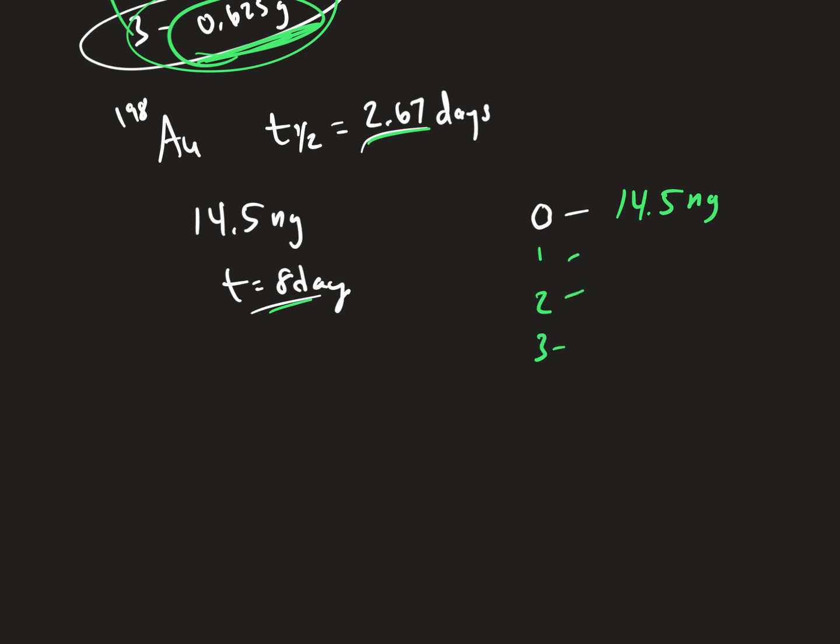So we're going to divide it by 2, 3 times. So that's going to be 7.25, is it? Then a half again is 3.625. Then half again. Done. Good enough? Easy? Hard? Okay.